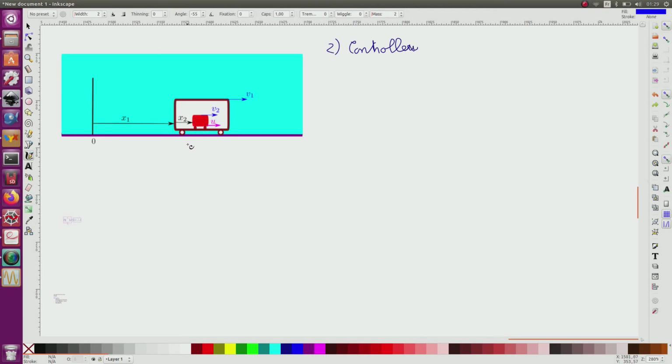So assume, for instance, that we start at position 0, with no speed. If u is positive, as in the picture, then the weight will move right. And as a counter reaction, the hull will move left. Due to the water, I will have a force like this, and the whole system will be accelerated to the right.